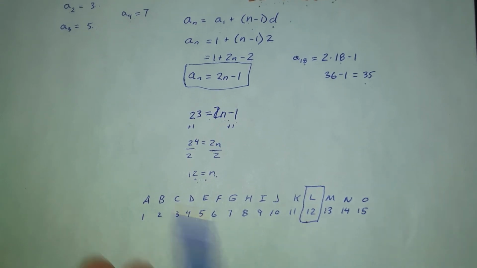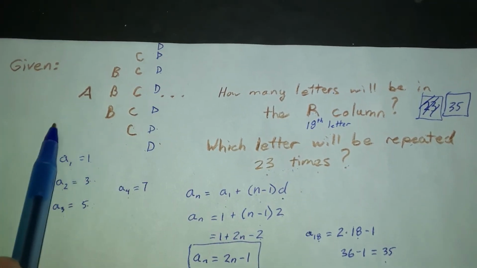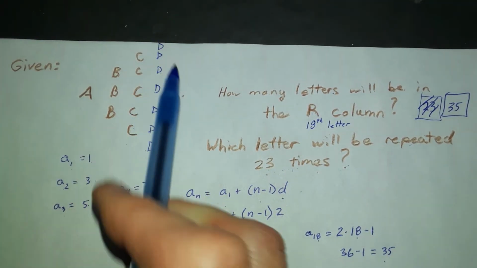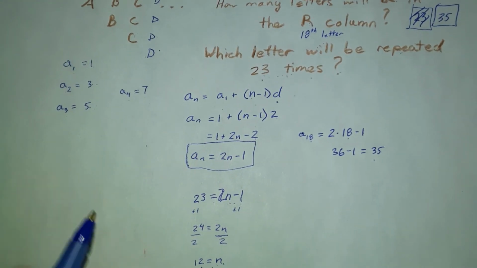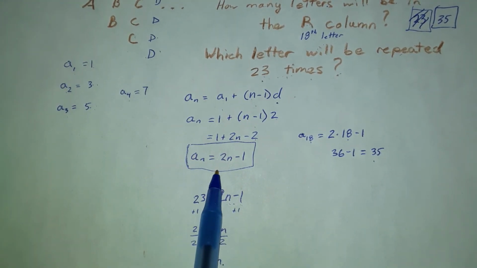And again, you could complete this pattern out until you get to the L and count it, and you should find that it is 23 times that you write down the letter L. And so we have used an arithmetic sequence to find a solution to this.